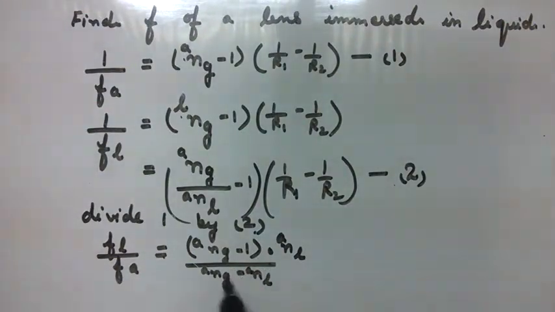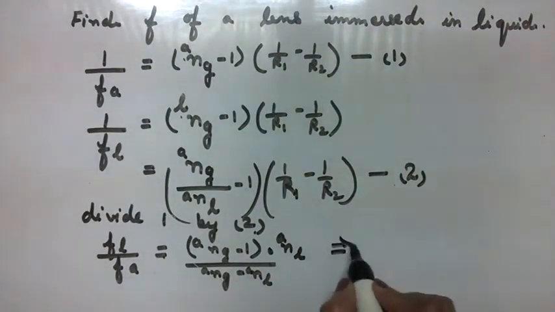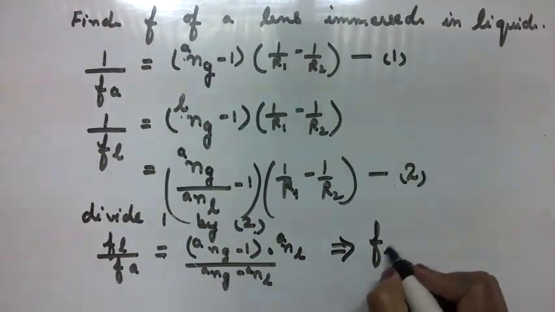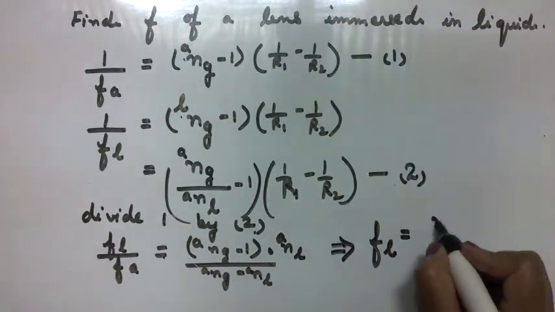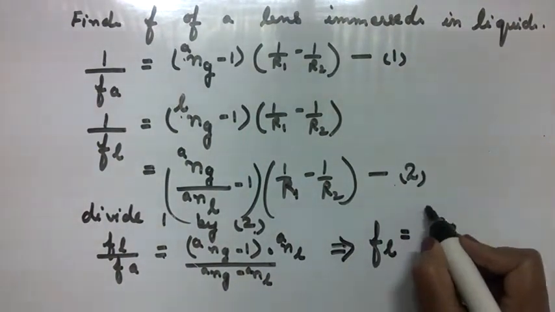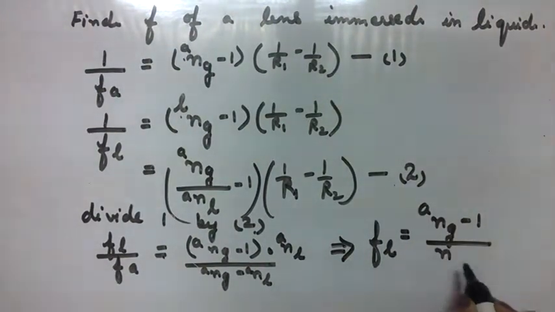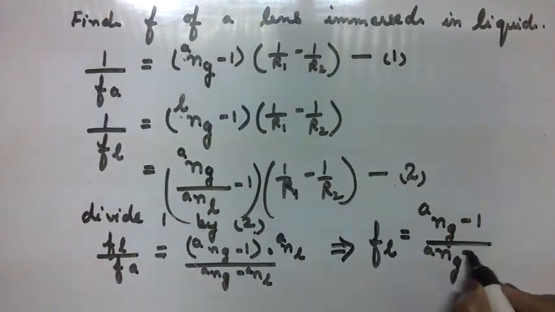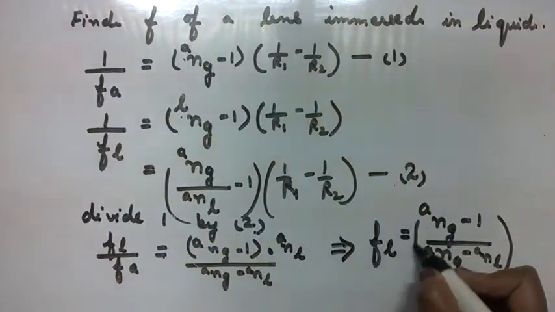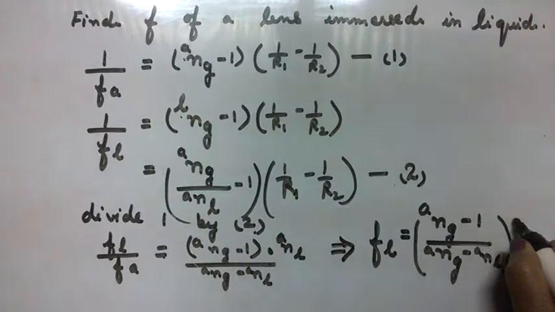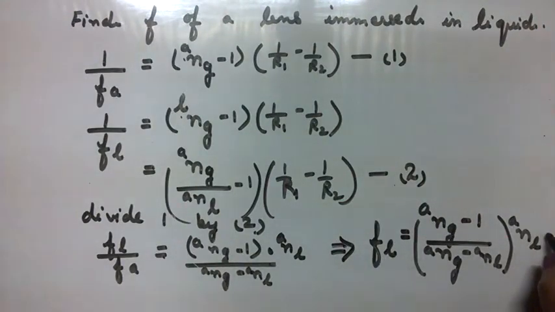We get the focal length of the lens in liquid equal to Ng with respect to A minus 1 upon Ng with respect to A minus NL with respect to A, into the refractive index of L with respect to A, and Fa, that is the focal length in air.